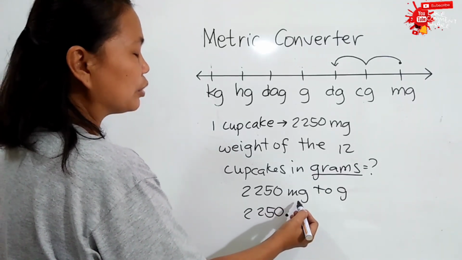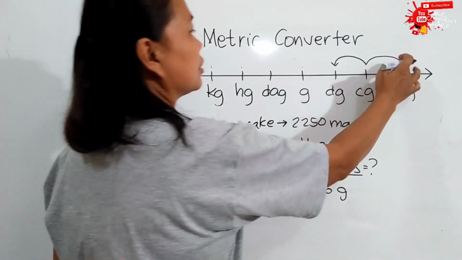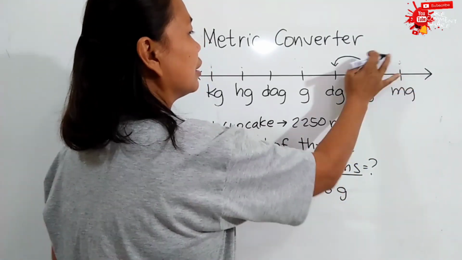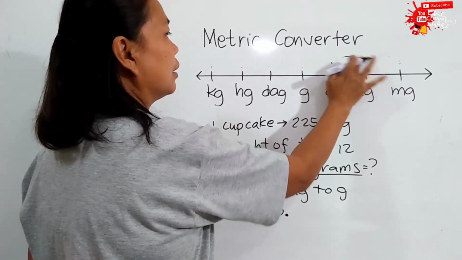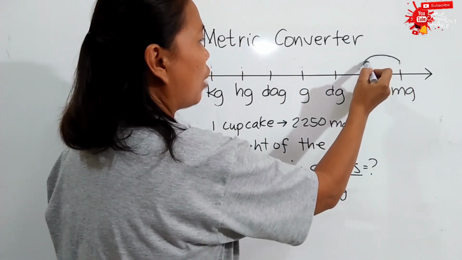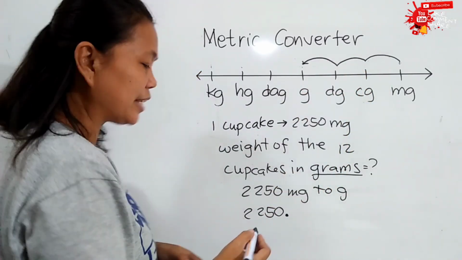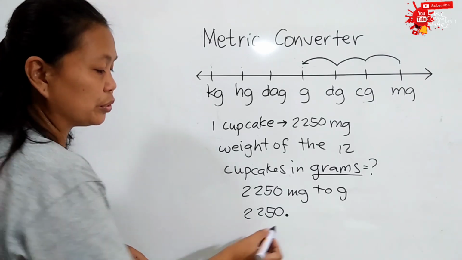So let us count the number of spaces from milligram to grams. How many spaces? We have here 1, 2, 3. So we have 3 spaces and the direction is to the left.